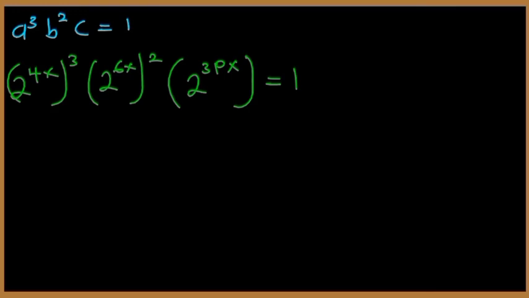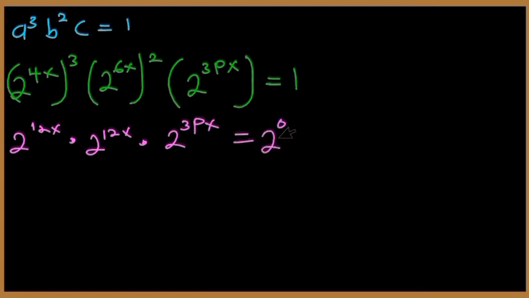So what you have to do next is to try to change all the terms into an exponent of 2. But first we have to apply the powers. So applying the powers, I'll have my 2 to the power 12x multiplying 2 to the power 12x multiplying my 2 to the power 3px equals, now this one I can change to base 2 as 2 to the power 0.